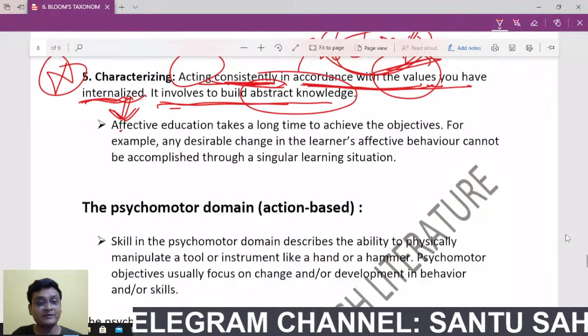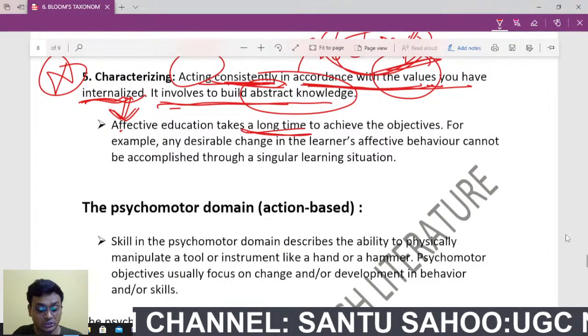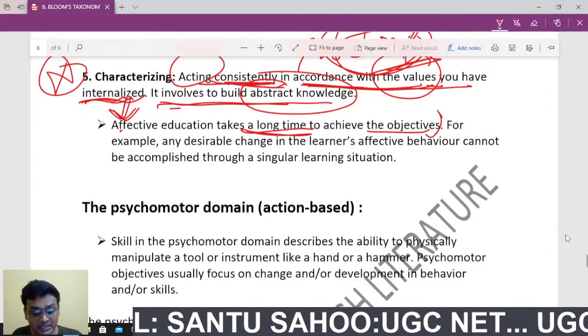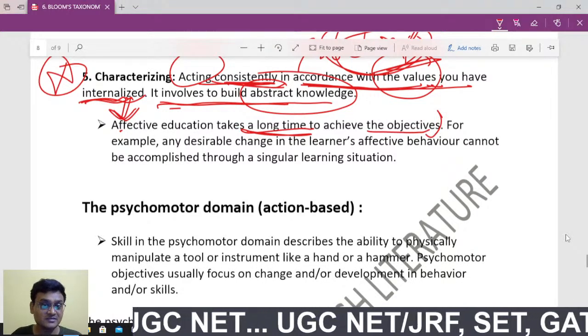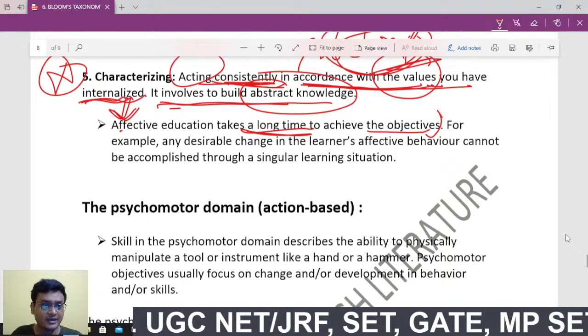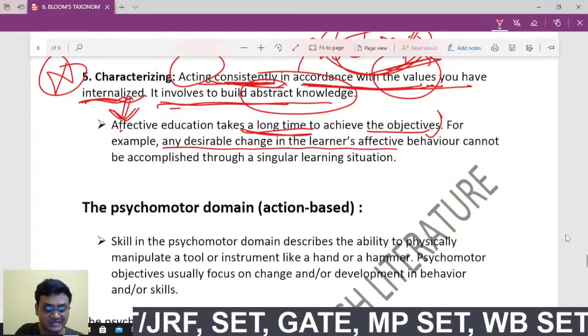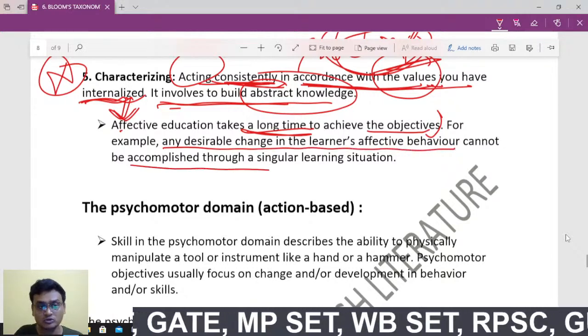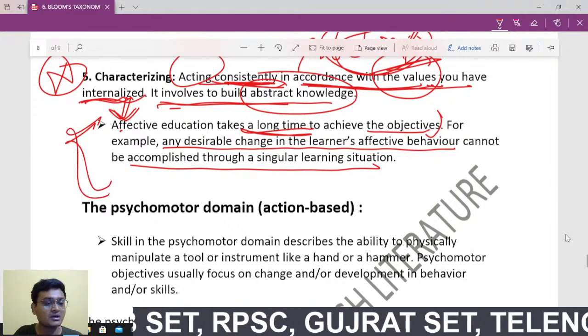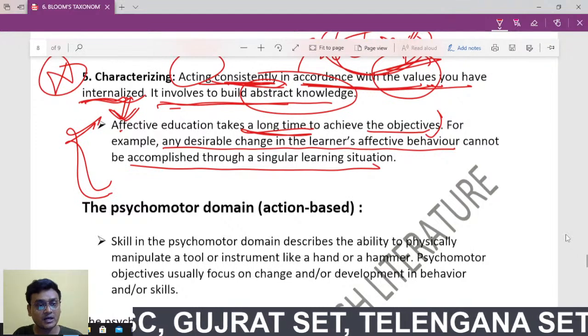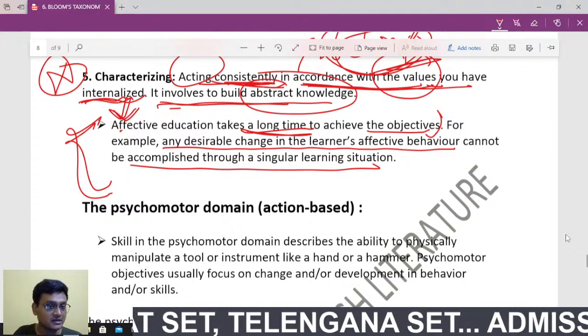And so affective education takes a long time actually to achieve the objectives. For example, any desirable change in the learner's affective behavior cannot be accomplished through a single learning situation. बहुत जल्द एक स्टूडेंट का desirable change आ नहीं सकता, टाइम लगता है.